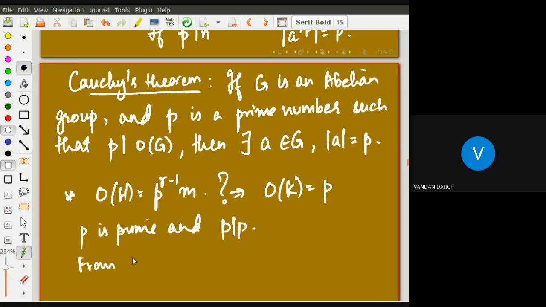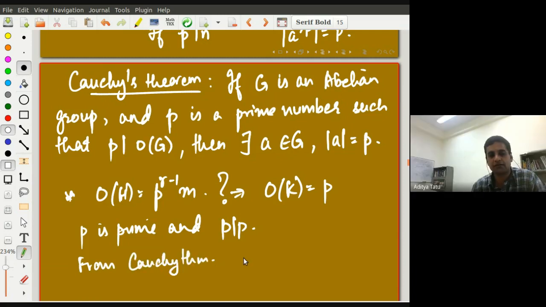There exists an element A in K such that the order of A is p. Can that happen?